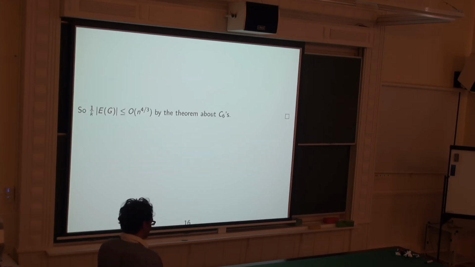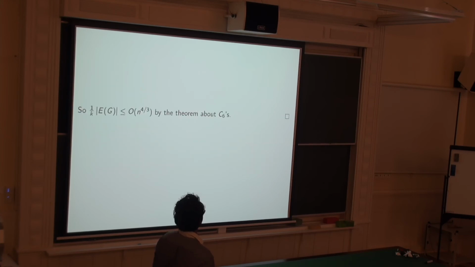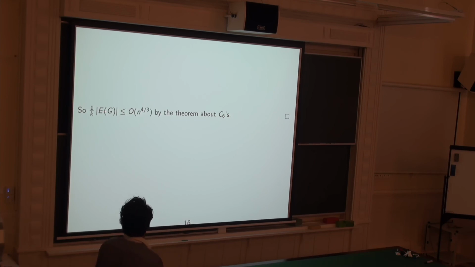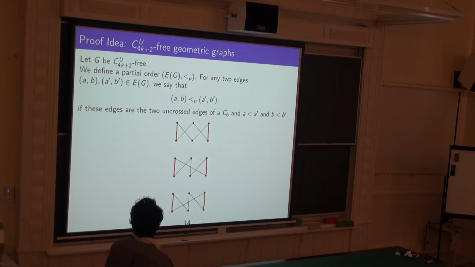And by the main theorem, this is at most big O of n to the 4/3, because a graph which avoids C6s with 2 uncrossed edges has at most n to the 4/3 edges. So this implies that the number of edges is at most big O of n to the 4/3 as well.